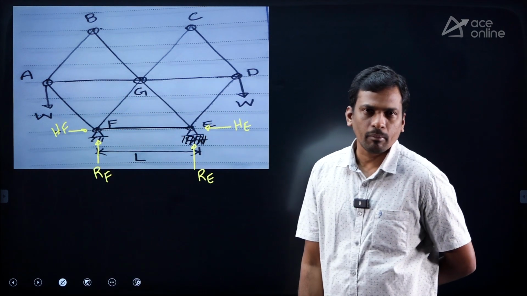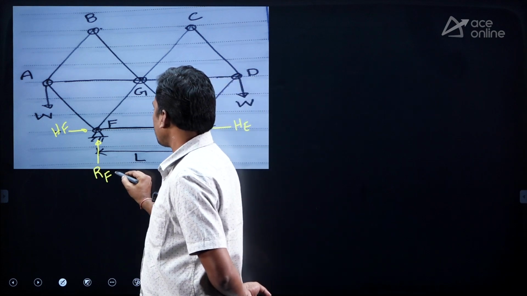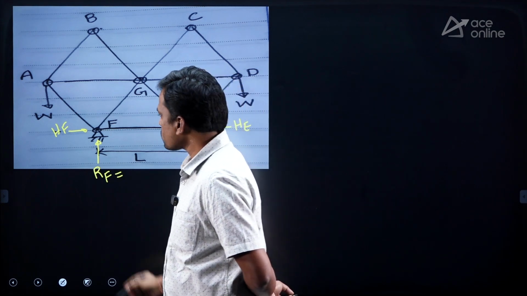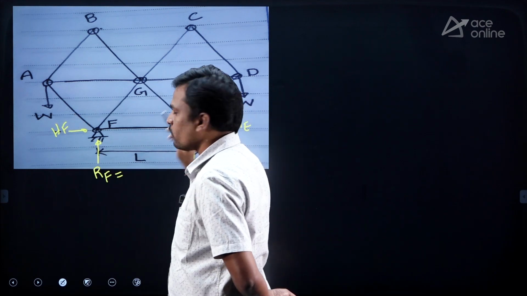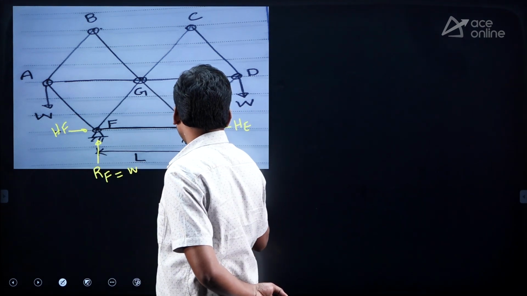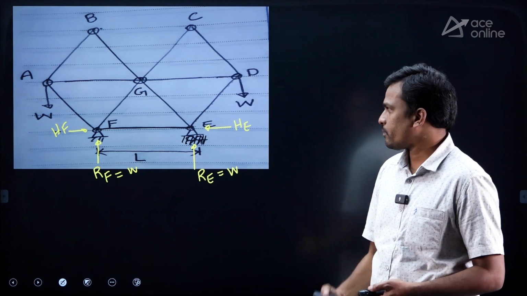For a hinged support the number of reactions is 2. So due to symmetry, total load divided by 2. What are the total downward forces? W, 2W, right? Then this is W. So all the downward forces equal all the upward forces.